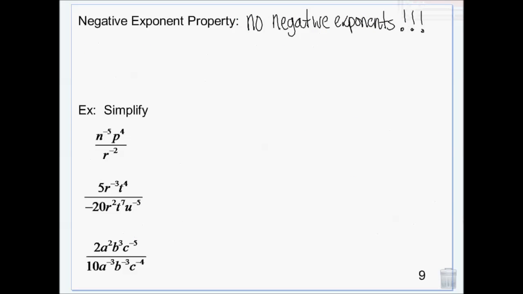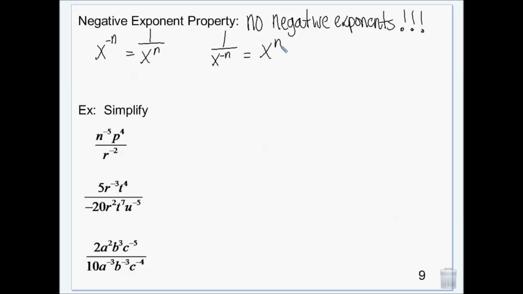Here's how it works, guys. If you have a number to a negative exponent, any negative exponent, you throw it in the basement. If it's already in the basement and it's negative, you put it up top.